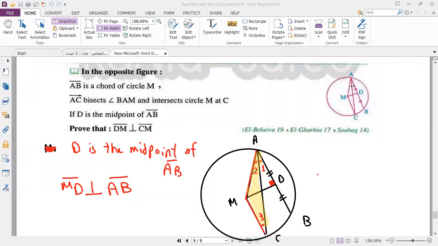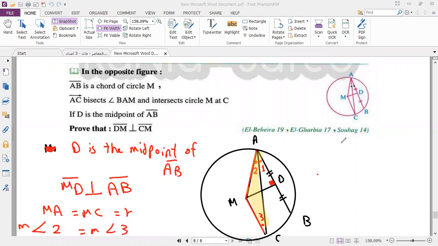So angle 2 is the same as angle 3. Because MA equals MC equals R, this triangle is an isosceles triangle, so the measure of angle 2 equals the measure of angle 3.